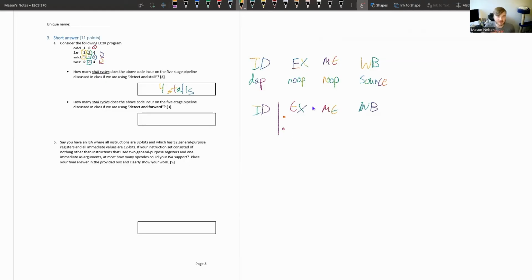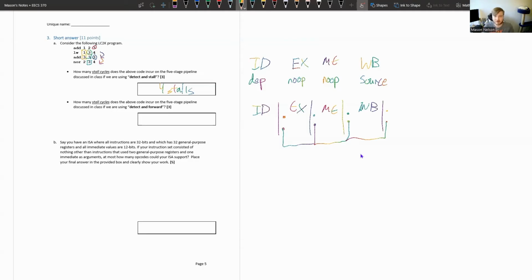If an instruction has just passed from the execute stage, we can grab it from there. If an instruction has just passed from the mem stage, we can grab it from there too. If we're talking about project 3, not the pipeline in class, we can also grab it if it's just left the write back stage.